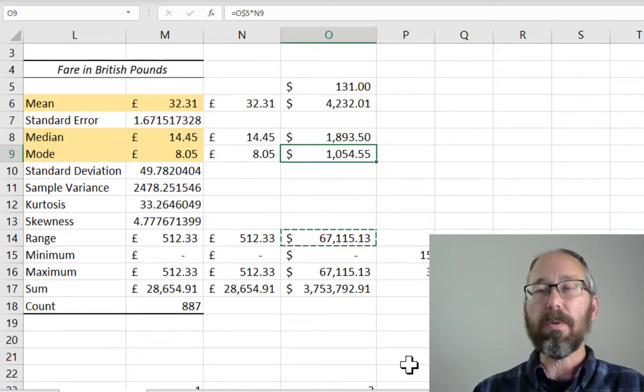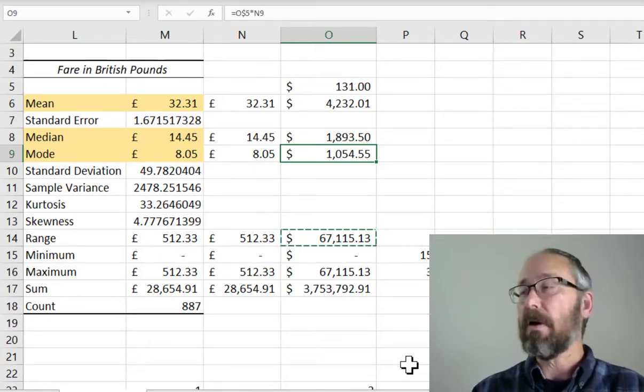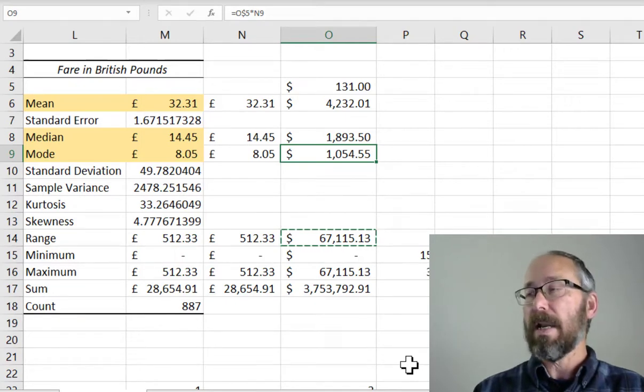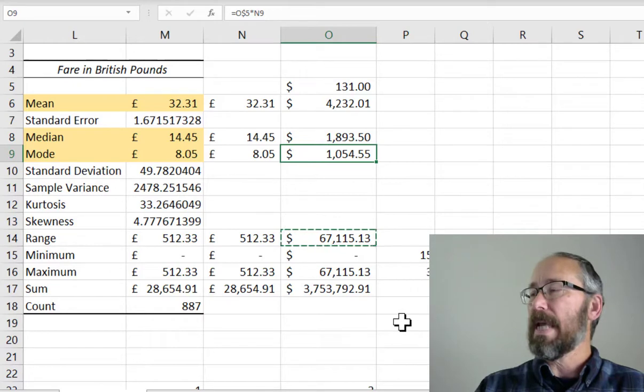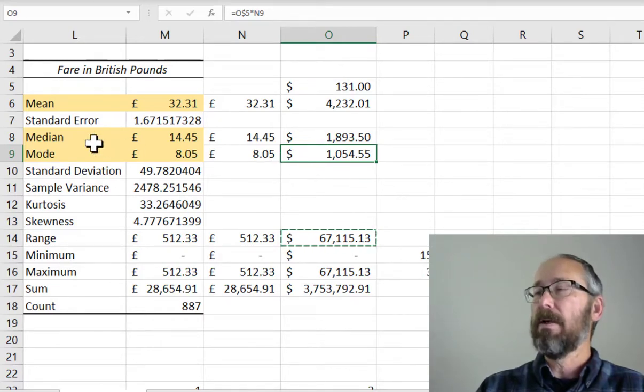And then the mean, or the arithmetic mean, what we often call the average, is right at $4,000, just over $4,000. Very interesting.